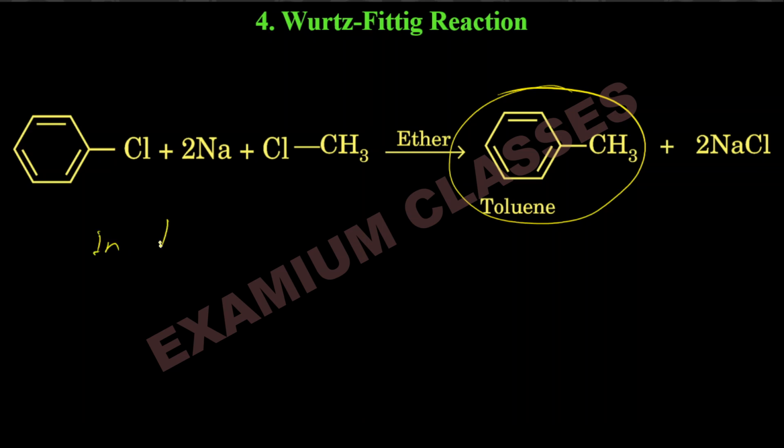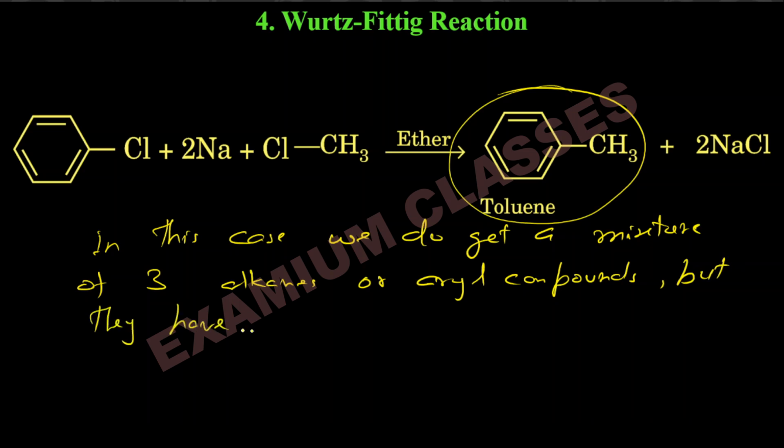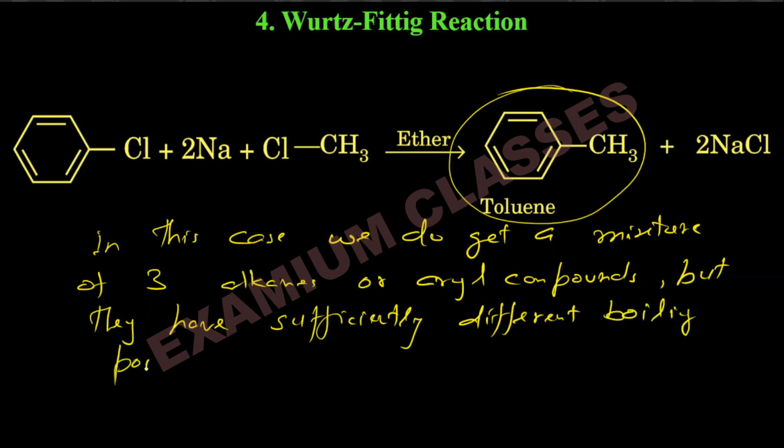Okay, so in this case we do get a mixture of three alkanes or aryl compounds, but they have sufficiently different boiling points and hence can be separated by distillation.